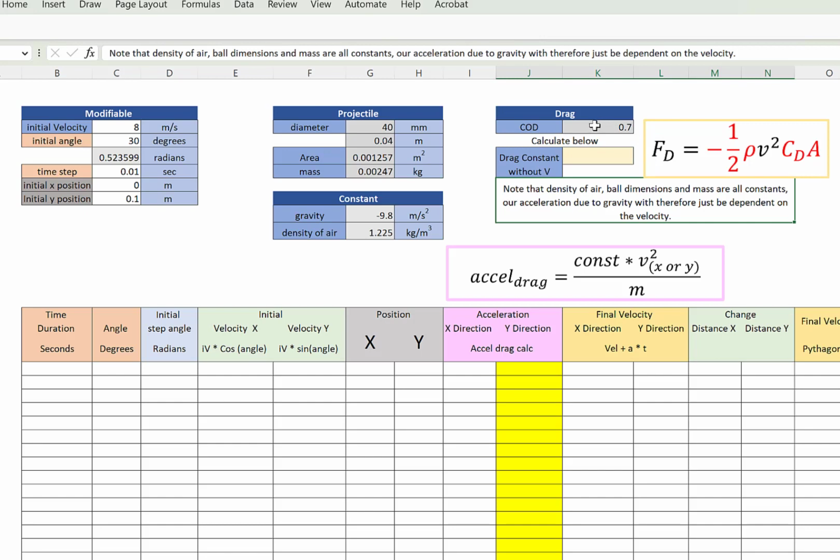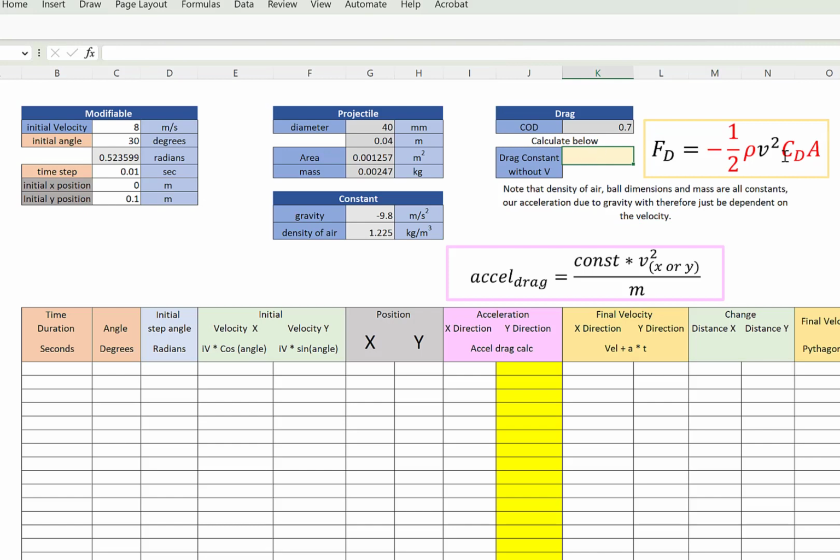We have our coefficient of drag right here, which is at 0.7, and we're going to calculate our drag constant without our velocities here. That's going to allow us to apply it a little bit easier to this acceleration drag calculation later on.